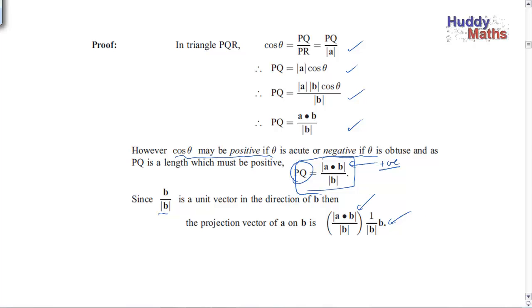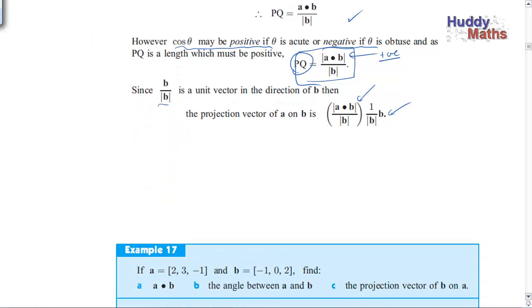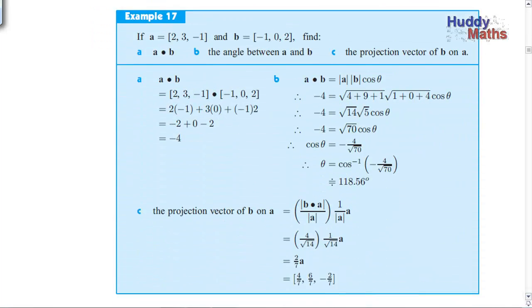All right, let's go on and have a look at some examples and get you going. Here we go, we've got two vectors, we want A dot B. Here it is, product of the two x's, product of the two y's, product of the two z's, got an answer. And we want the angle between them. So A dot B is the length of A, length of B, cos theta.